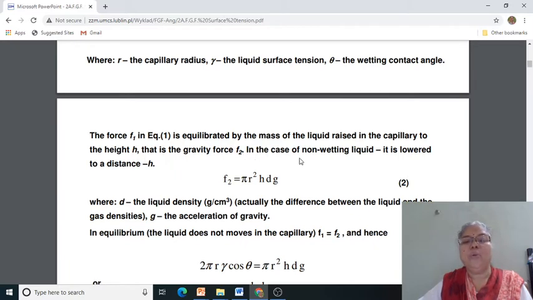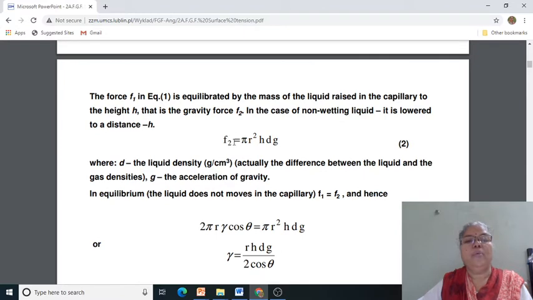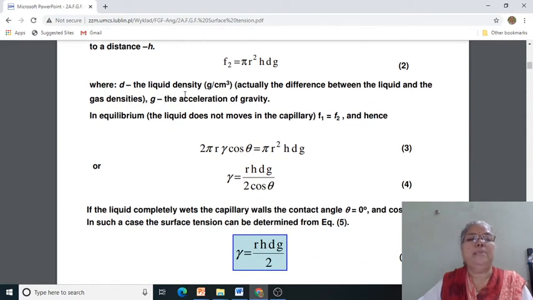In the case of a non-wetting liquid, it is lowered to a distance h. Therefore, we can write F2 = pi r square h d g, where d is the liquid density in gram per centimeter cube, actually the difference between the liquid and the gas densities, and g is the acceleration of gravity.